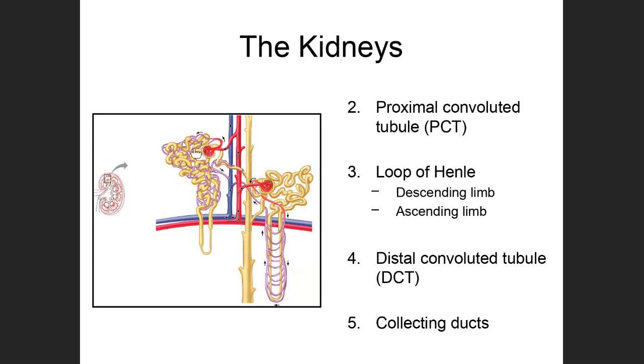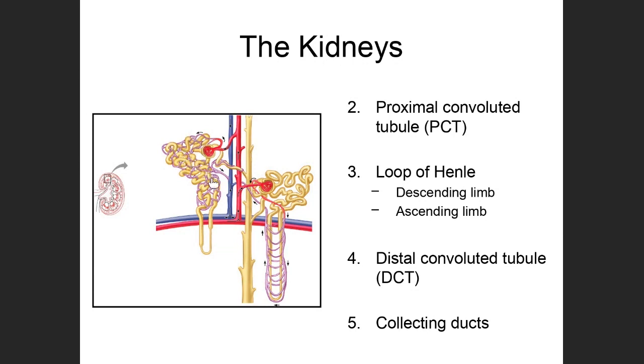So the reason that we have this really long, twisted, convoluted tubule here at the beginning of the renal tubule is that it gives us time to get all of these things back that were initially pushed out because they were small enough to fit through the filtration membrane, but we need them back for the health of the body. So we're going to start reabsorbing here in the proximal convoluted tubule most of that stuff that was pushed out of the blood.